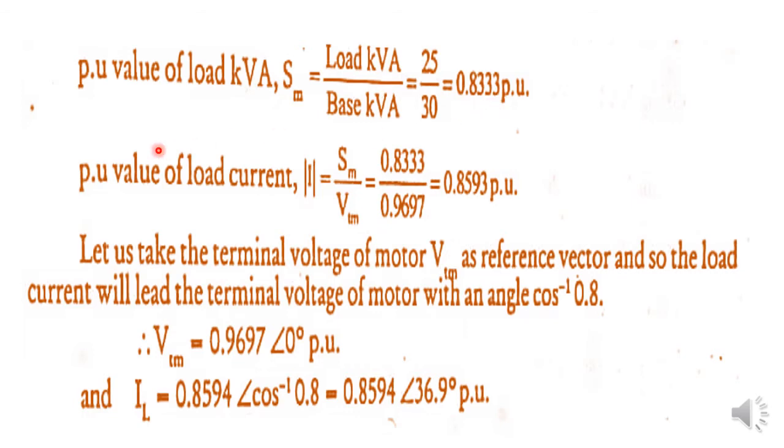Per unit value of load current is this load VA by terminal voltage of motor, 0.8333 by 0.9697, which gives us 0.8593 pu. The power factor is given as 0.8 leading, hence IL is 0.8594 at an angle of plus cos inverse 0.8, which gives us 0.8594 at an angle of 36.9 per unit.